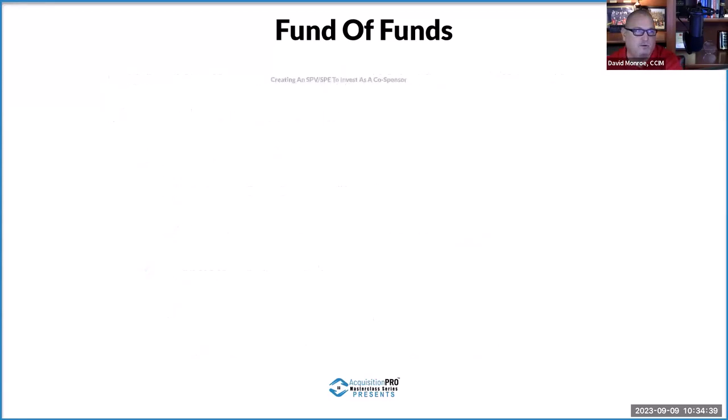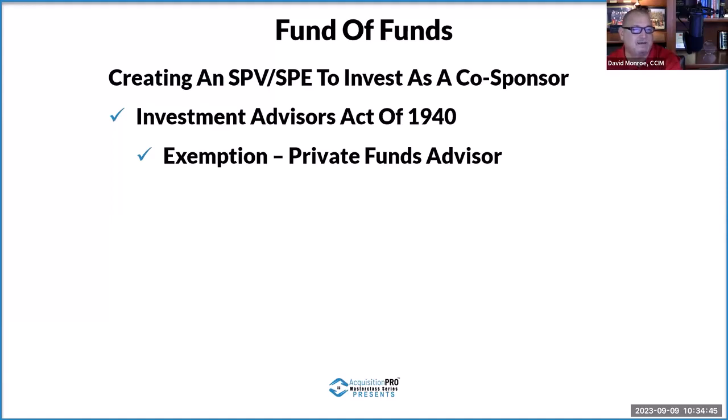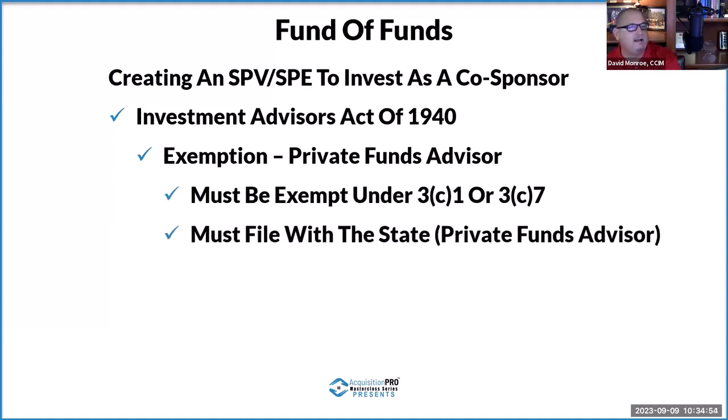Let's continue on with fund of funds. So under the Investment Advisor Act of 1940, in order to get the exemption of being a private fund advisor, again, you must be exempt under 3C1 and 3C7, and you must file with the state. Okay, so this is for a private fund advisor, or you're getting the exemption from being a private fund advisor.